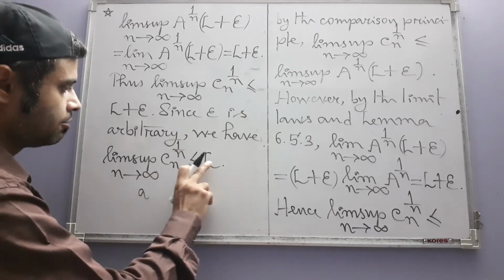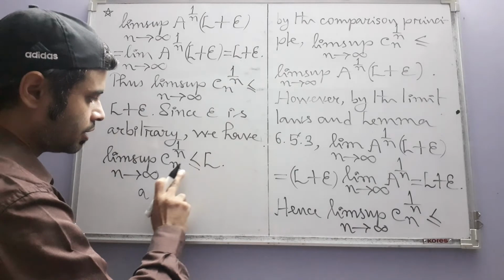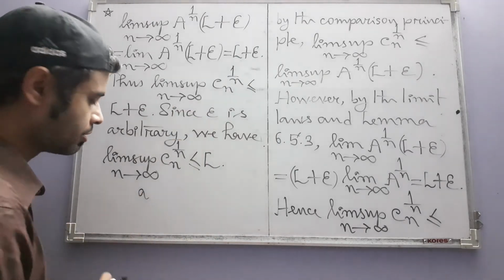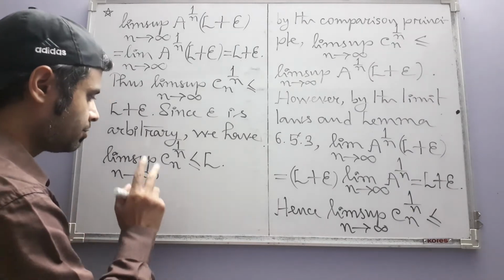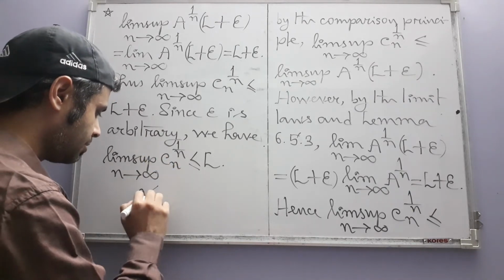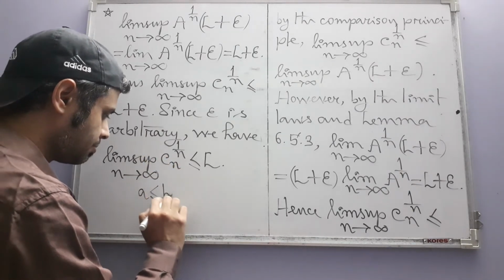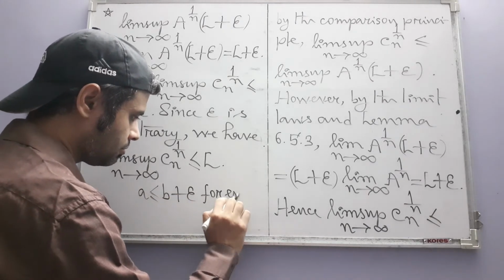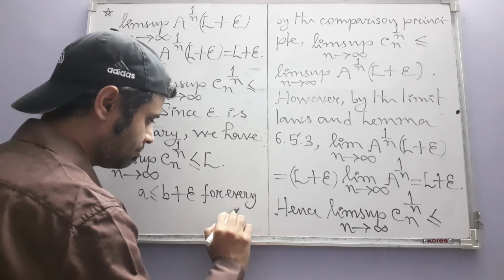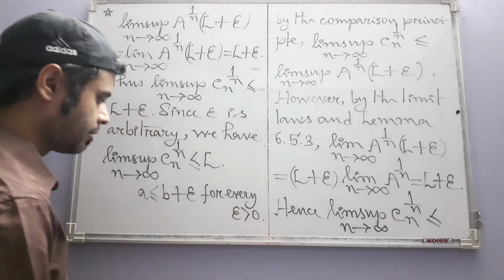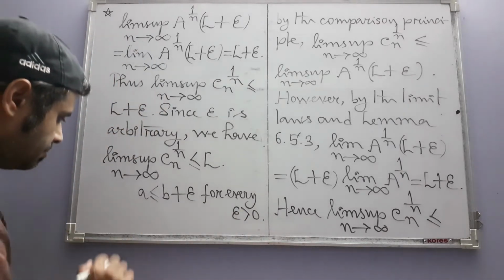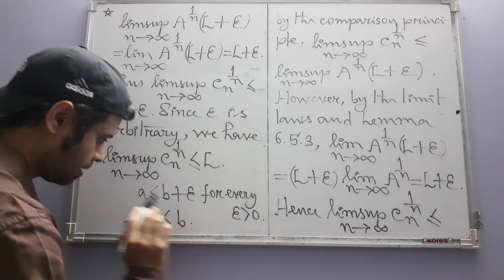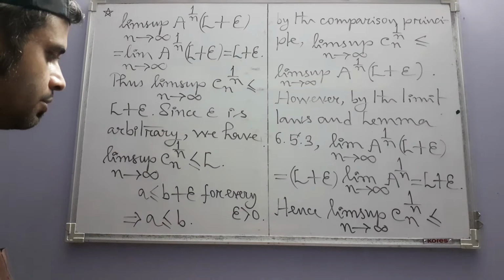So that's why we are not able to refer to any result here in this step, because that result is not there. Say you have two real numbers a and b such that this for every positive real number epsilon, then this implies a is less than or equal to b.